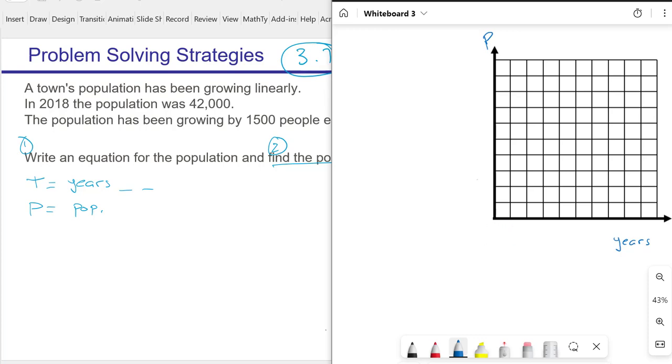My x numbers, I've got the beginning of the origin, I've got one box, two boxes. And what is the interpretation of this? If I leave it like it is right now, this would be year 0. What is year 0? Well, that's when Jesus was born. That's a long ways back.